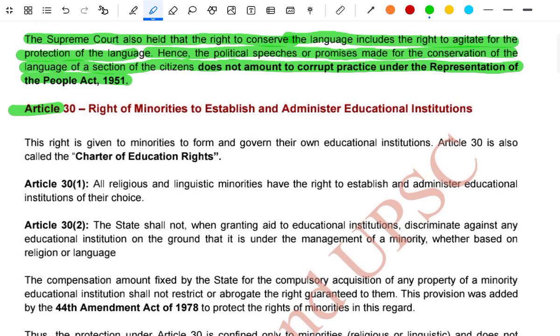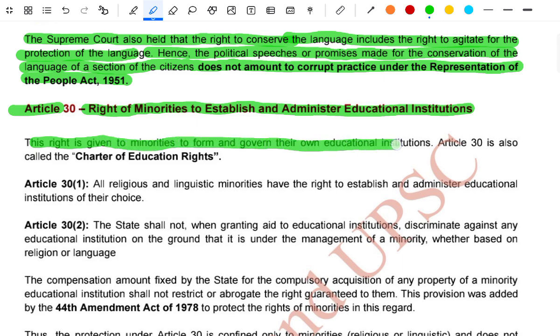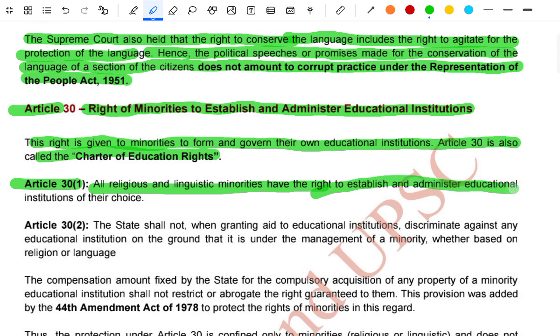Article 30: Right of minorities to establish and administer educational institutions. This right is given to minorities to form and govern their own educational institutions. Article 30 is also called the Charter of Education Rights. Article 30(1): All religious and linguistic minorities have the right to establish and administer educational institutions of their choice.